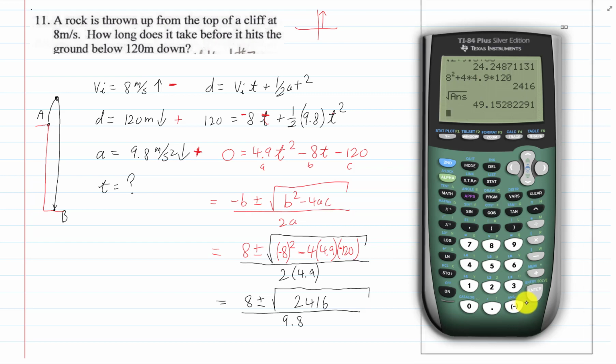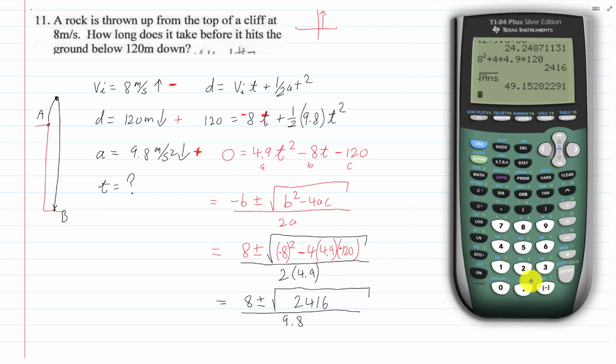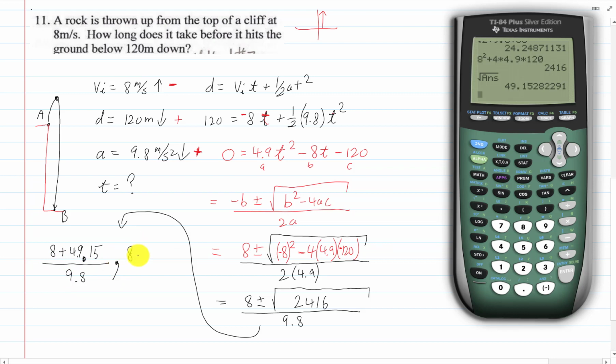49.1528. So I'll get 8 plus 49.15 divided by 9.8, and my other answer would be 8 minus 49.15 all over 9.8.